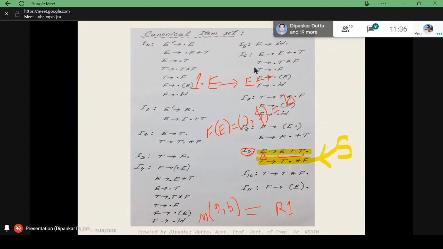T star dot F is available in I7. So what to write? In 9 against star, what do we write in the table? S, S7. So now check.